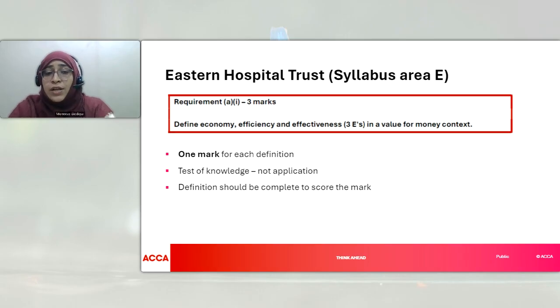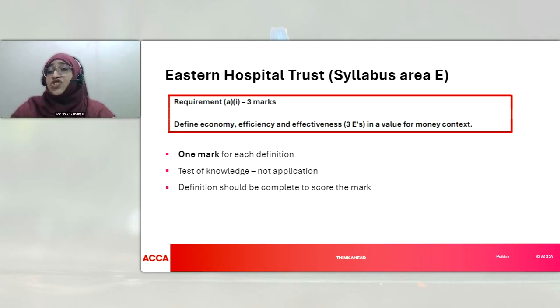If you quickly read through the requirement, the first requirement for the first question of section C was to define economy, efficiency, and effectiveness, which are the three E's in a value for money context. The requirement does not mention the hospital because this is a generic requirement. If you look at the mark allocation, there are 3 marks for this requirement, which means the examination team has set aside 1 mark for each definition.